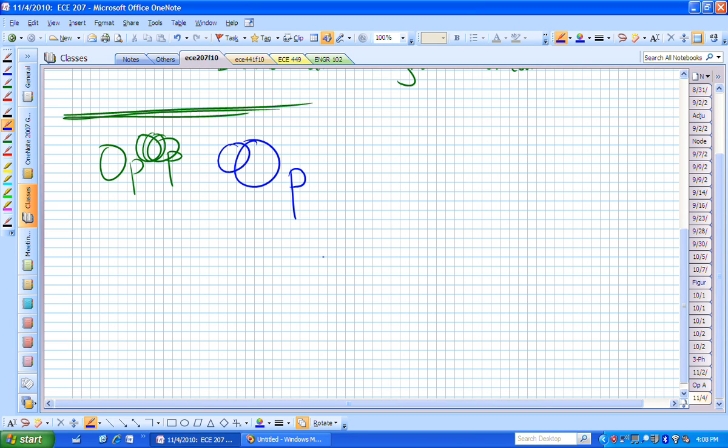The other thing that we can observe is that the gain is determined by the ratio of these two resistors that we connected around that operational amplifier.